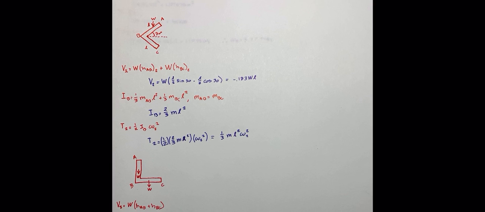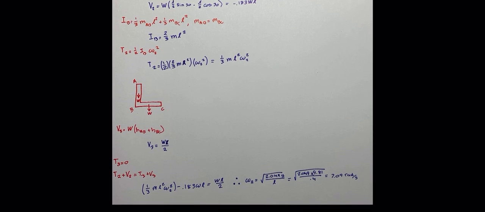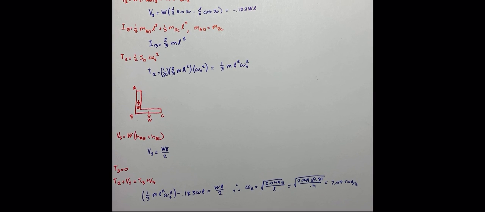And we know that T2 is 1/2 I omega squared. We can put in our knowns and get 1/3 ml squared omega squared. And so when it's at 90 degrees, we can solve for V3, which would be W times HAB plus HBC, which is just V3 equals WL over 2.